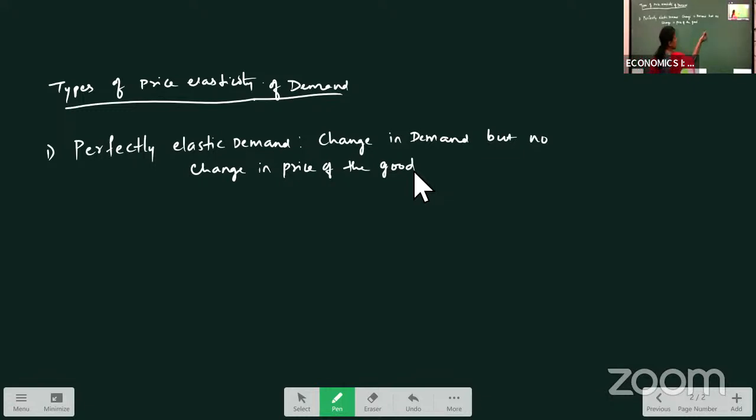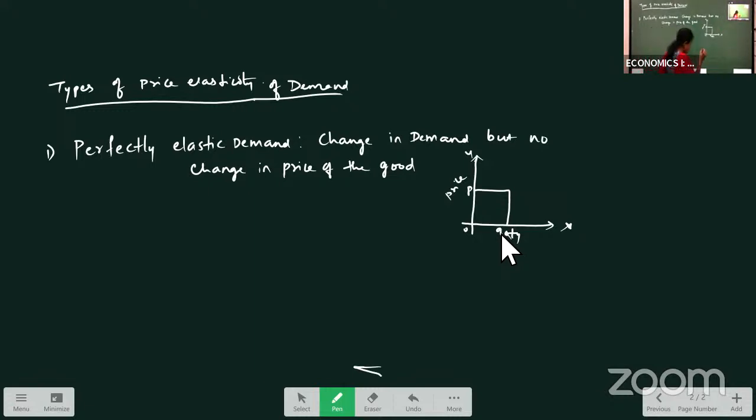So just see the graph. If you see the graph, you can understand it easily. On the x-axis, we take quantity demanded, and on the y-axis, we take price of the commodity. If OP is the price and OQ is the quantity demanded, demand changes are more, but there is no change in the price.